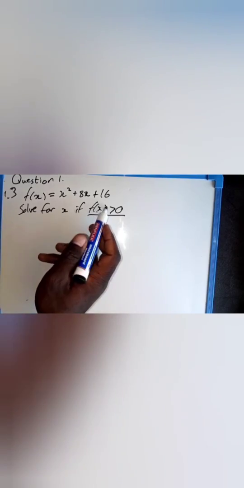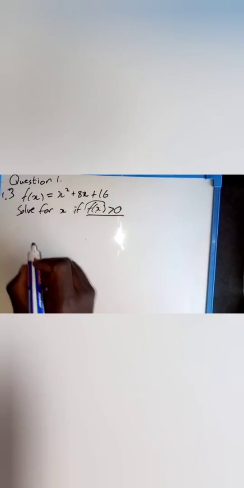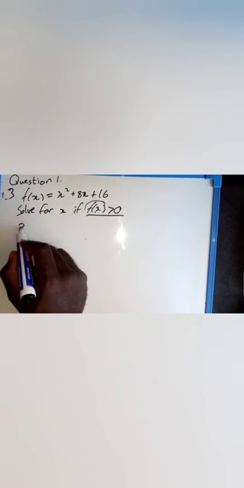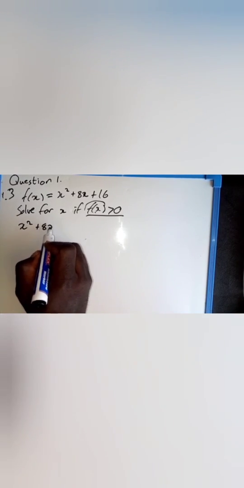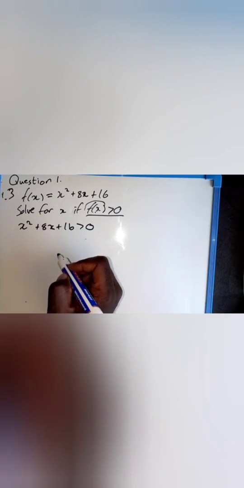The trick here, when you see this, obviously it's an inequality, so which means you have to solve this as an inequality. So you have x squared plus 8x plus 16 is greater than 0.